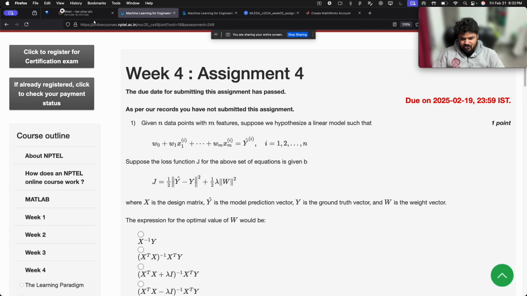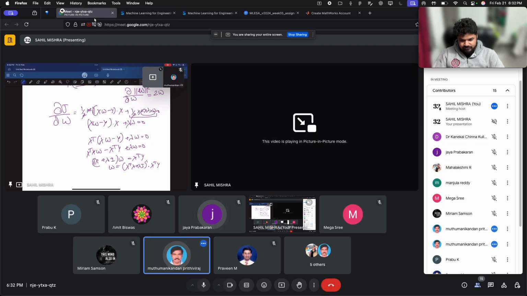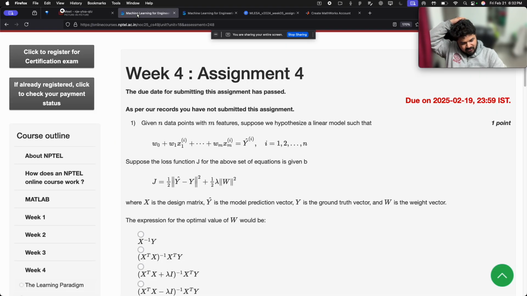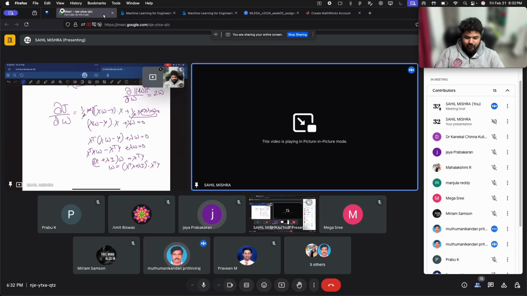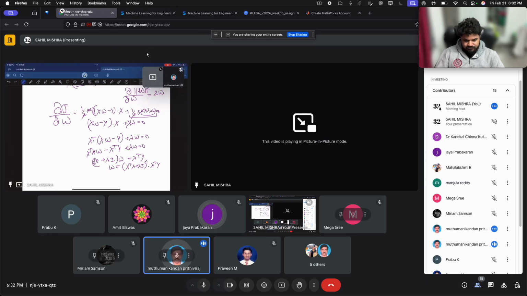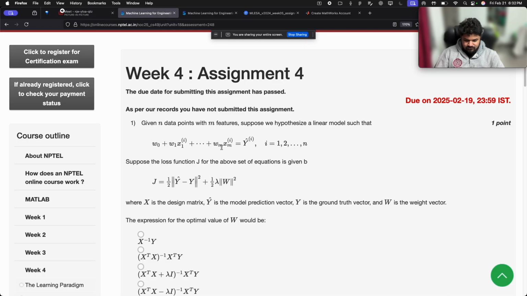Correct. Modulus is a simple dash. Determinants are double dashes. It should have been something different, say L2 norm, L1 norm type of thing. Correct.